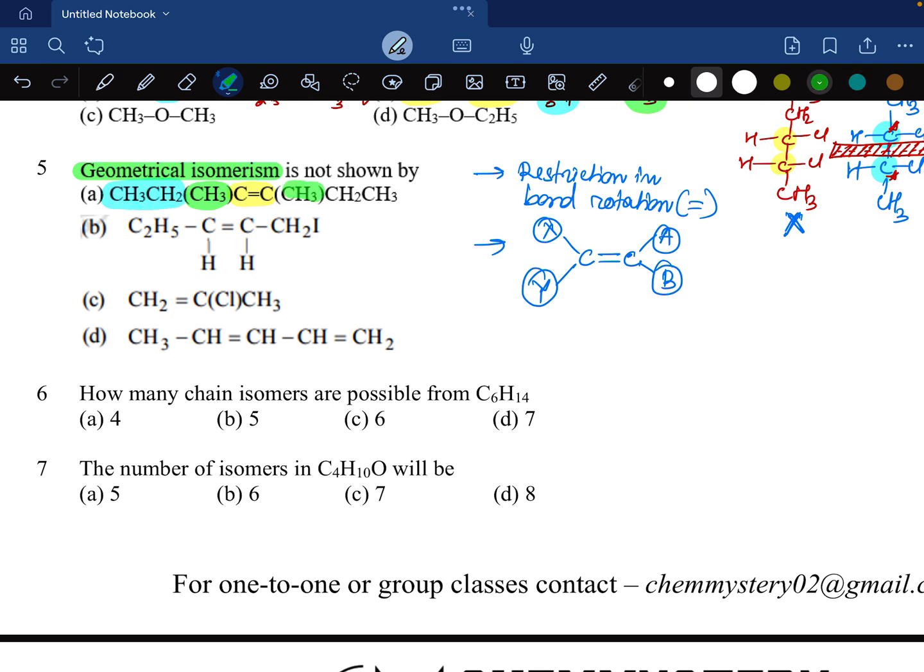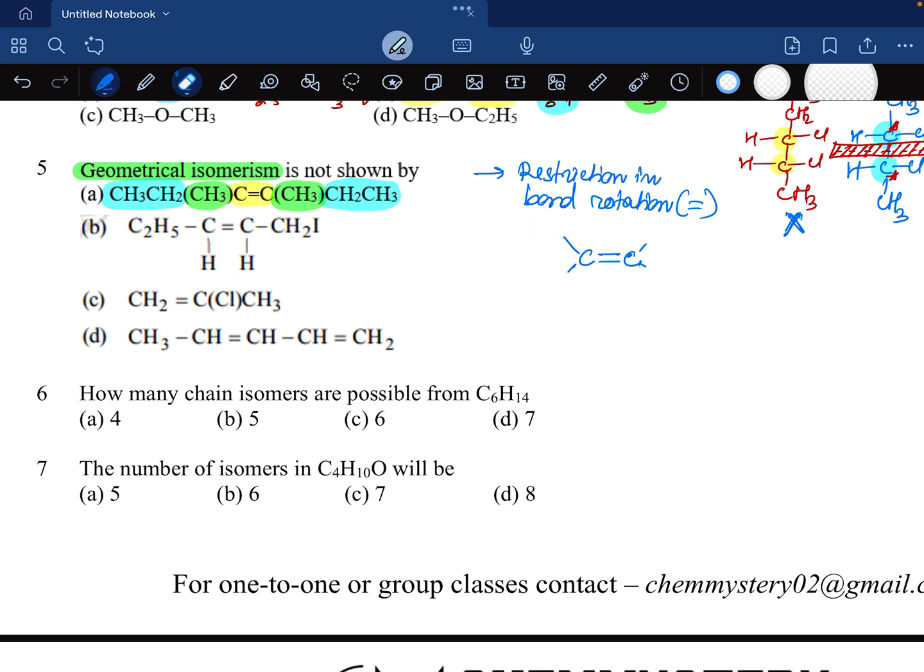Similarly, on the other side one group is CH3, another is CH2CH3. So both the groups are different, so it will show geometrical isomerism. Done. So this is not my answer.